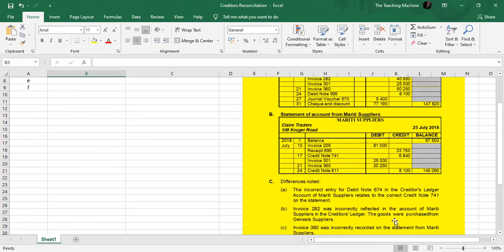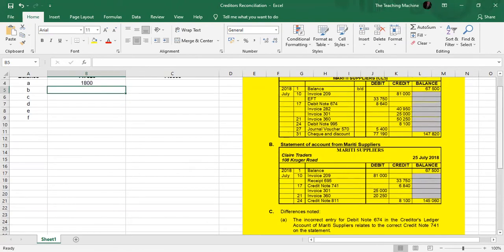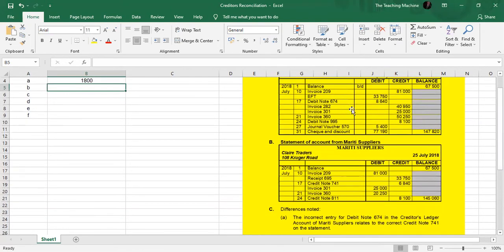The goods were purchased from another supplier. So again, an error was made in the ledger. Which invoice are they referring to? Invoice 282. You see invoice 282 only appears here, but not here. So these are the goods bought from another supplier, so we need to exclude it.